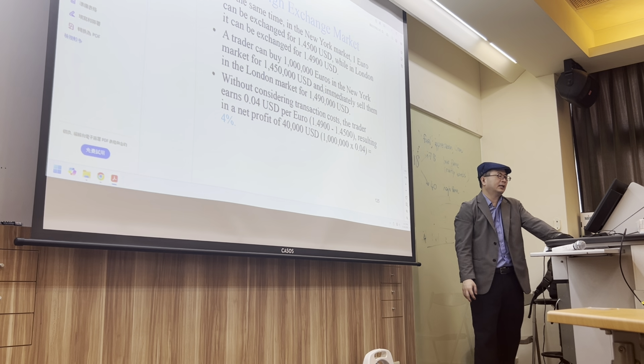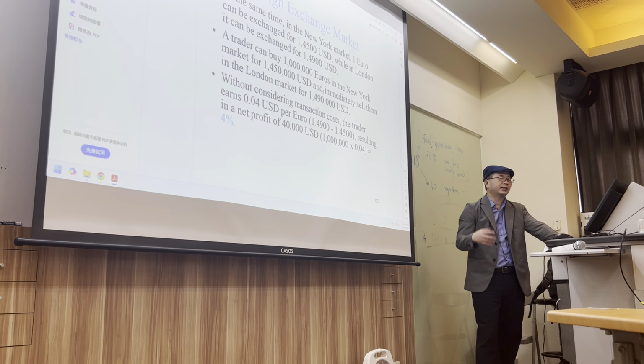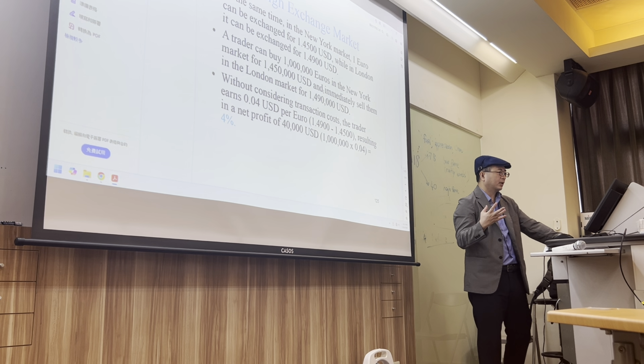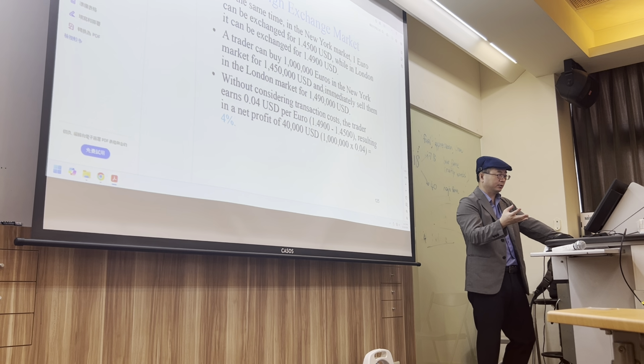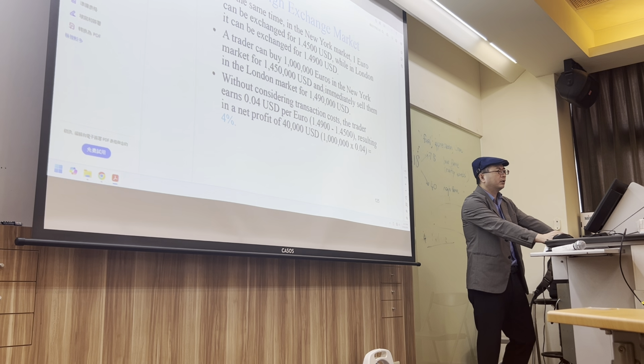Now, let's say a trader can buy 1 million euro in New York, right? That's where the euro is undervalued, right? And for 1.45 USD each, and immediately sell that in London for 1.49 million USD, right?